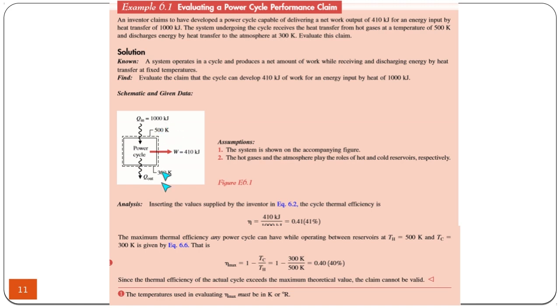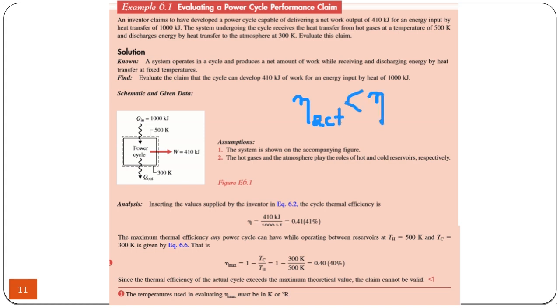We are going to determine whether the statement of the inventor is correct or not. Remember that according to Kelvin-Planck statement, Clausius statement, no heat engine can have a higher efficiency than the efficiency of a reversible system. So we should start with the fact that efficiency of an actual system is always less than the efficiency of a reversible system, Carnot system.